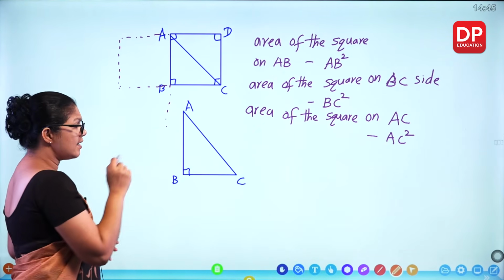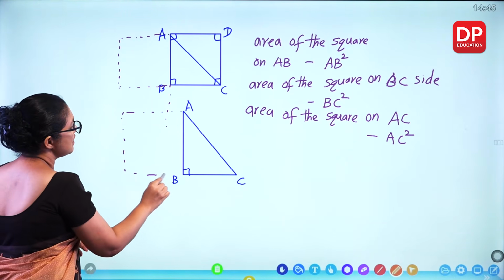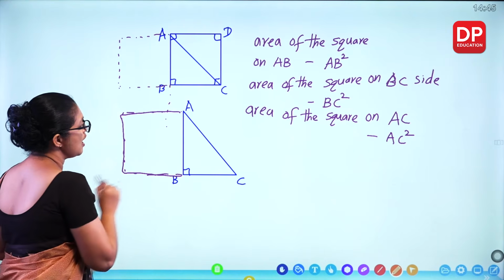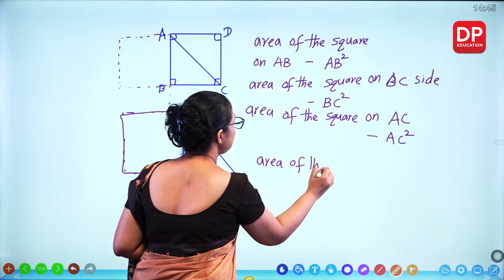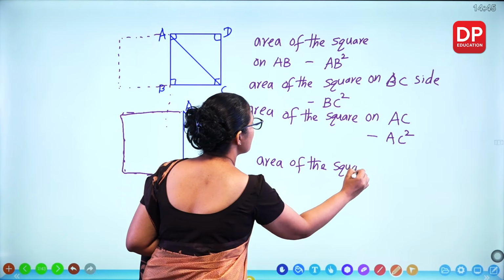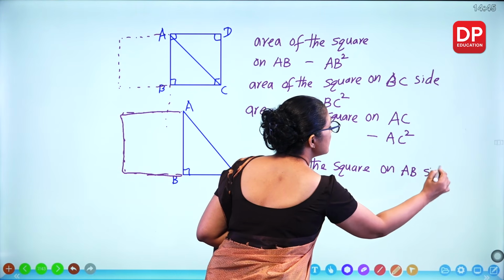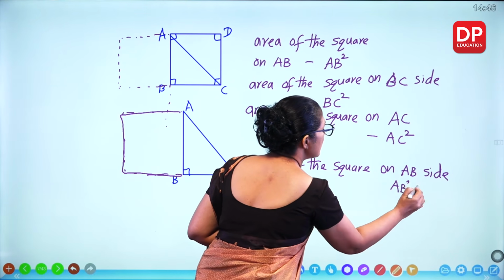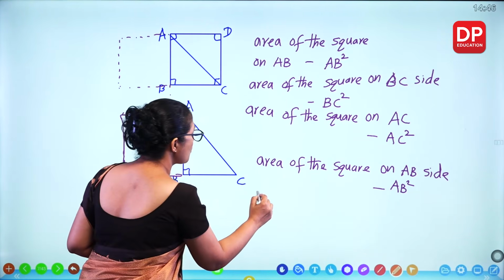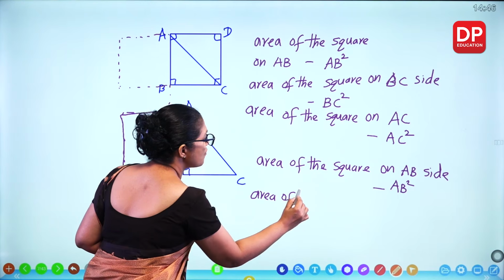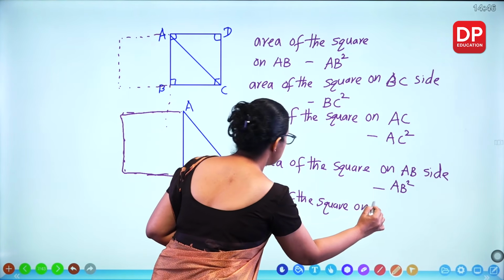Again, we'll take the triangle. If I want the square on AB side, what's the area of the square on AB side? That's AB squared. Then what's the area of the square on BC side?